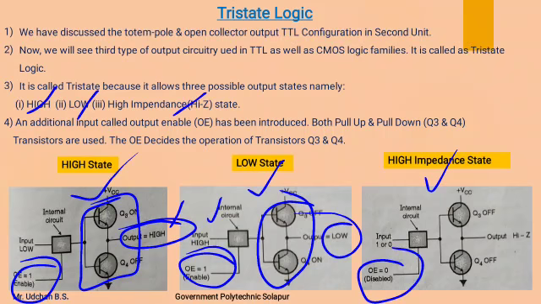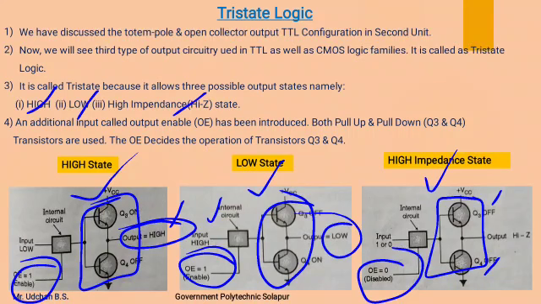Means input cannot reach the circuitry. Whether you apply a logic 1 or a logic 0, it will not reach the transistors, by which both transistors will remain off. So the output will not be connected to either plus VCC or to the ground.